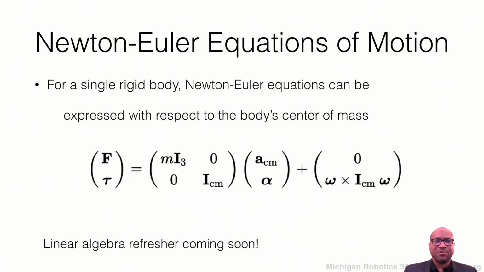If I take those equations of motion, I can express them in matrix form, and that gives us the expression right here. The linear algebra refresher will be the next slides that are posted on the website. This is expressing it with respect to one body, only for a single link, with respect to the body center of mass.